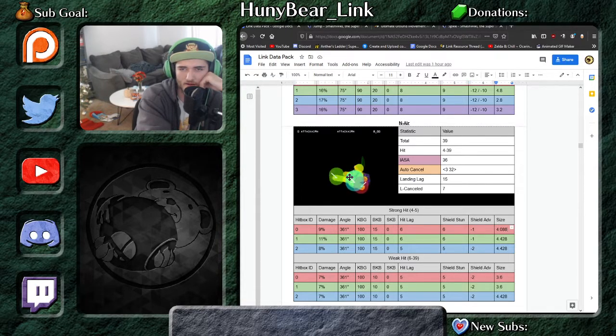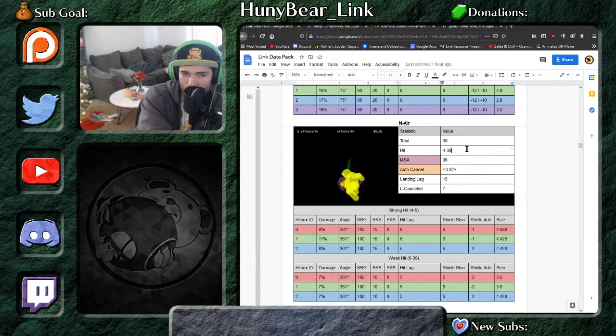Yep, so that's Nair. Nair's pretty weird because Nair was coded wrong. So you see that the animation takes 39 frames in total, but it hits frames 4 through 39, meaning that this is one of the only moves in the game that is actionable for the entirety of the animation. As soon as it starts, it does not have an end lag.